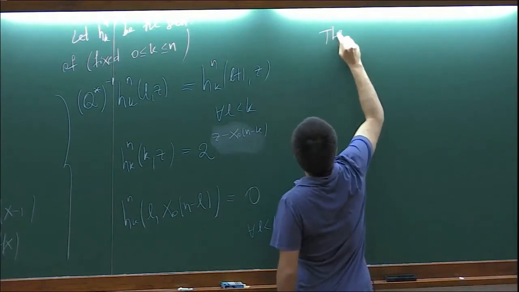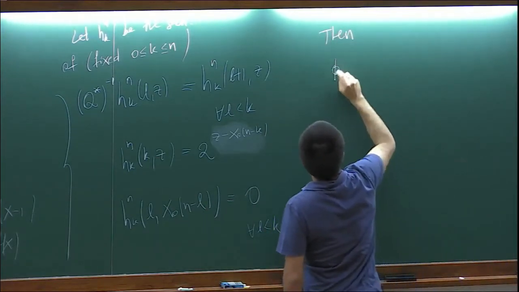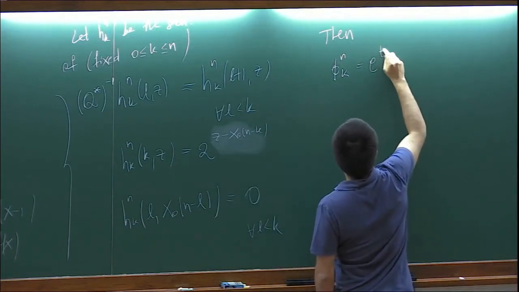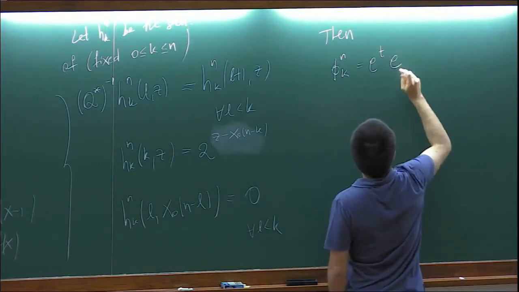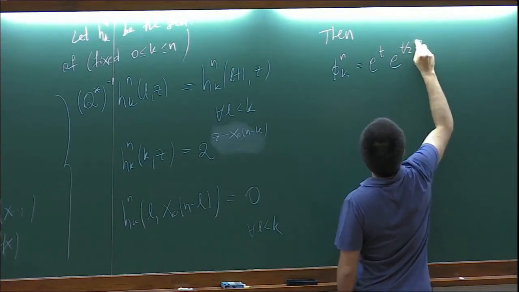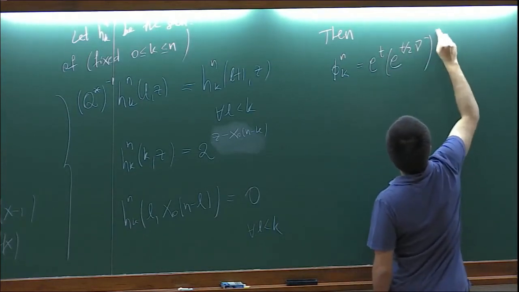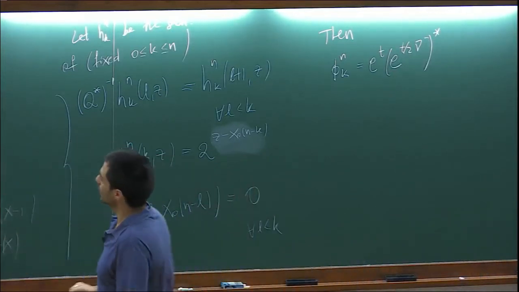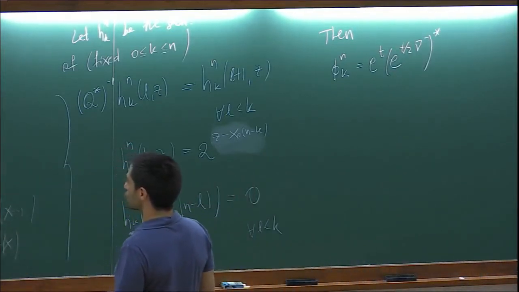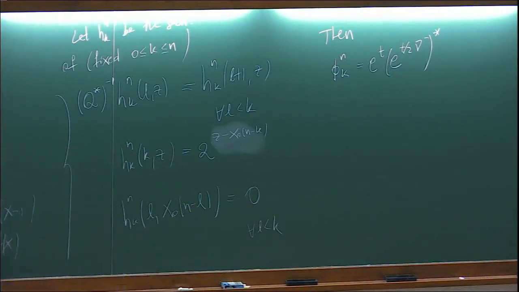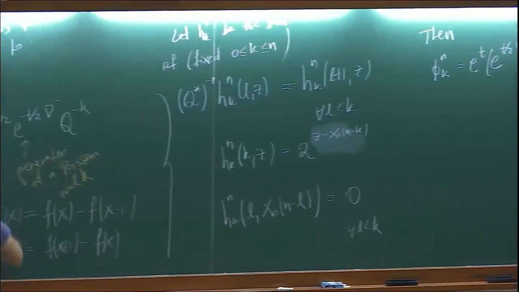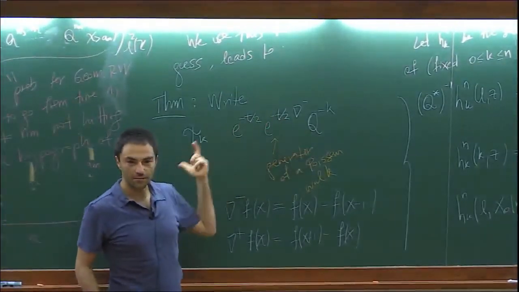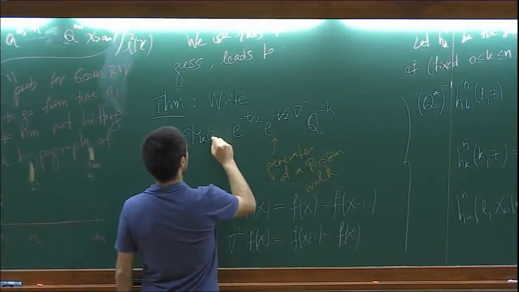Then phi n k equals e to the t times e to the t over 2 grad minus adjoint. So it's just like here. Oh, I made a mistake here. This is a function of one variable. This is a function of two variables. So this identity didn't really make sense. So the identity really is this.